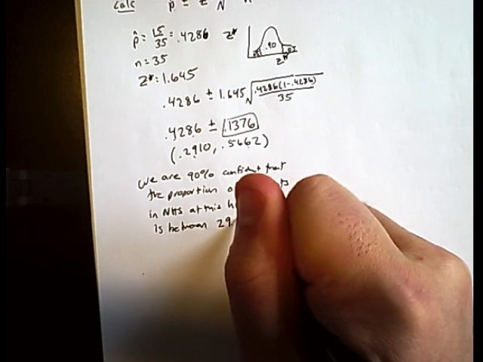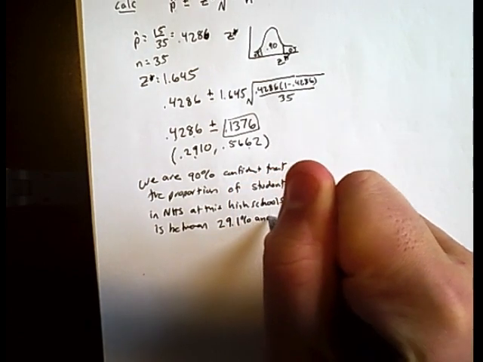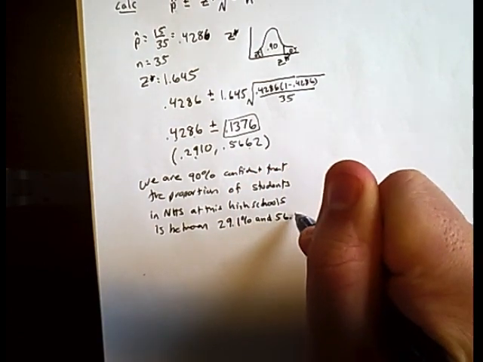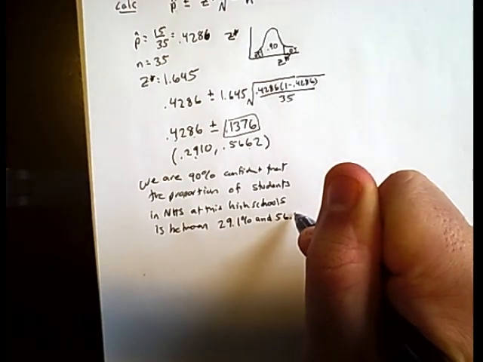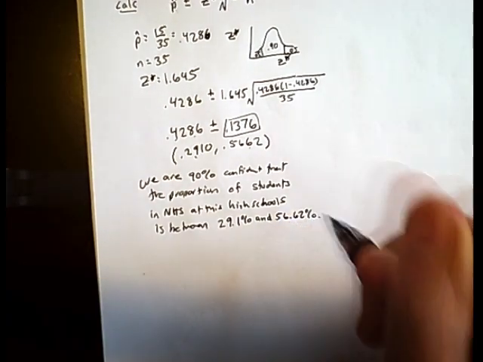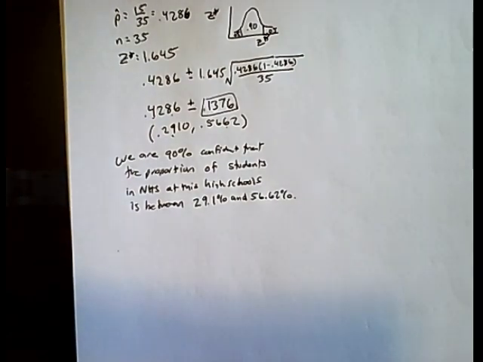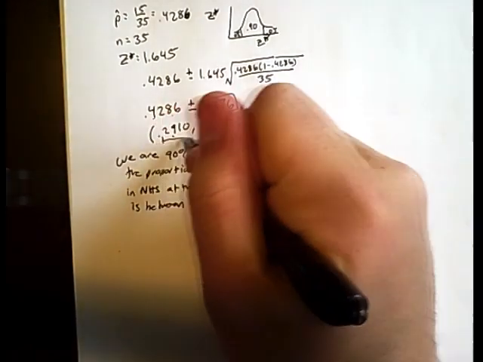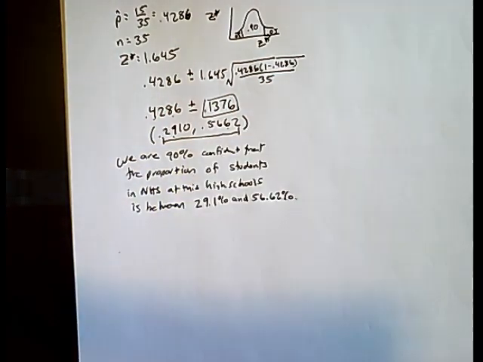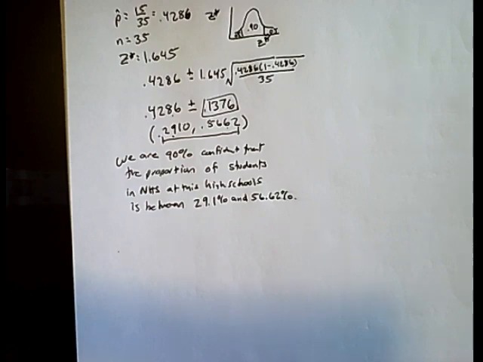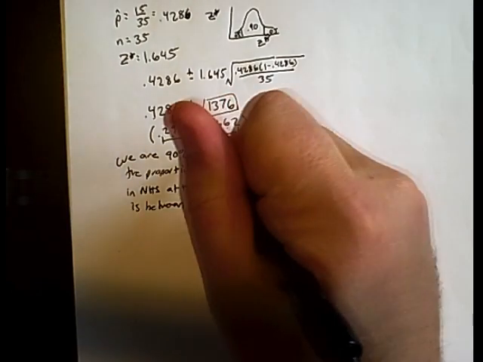So 29.1% and 56.62%. All right, so we think rho is somewhere inside that range of values. And that's where we think rho is.